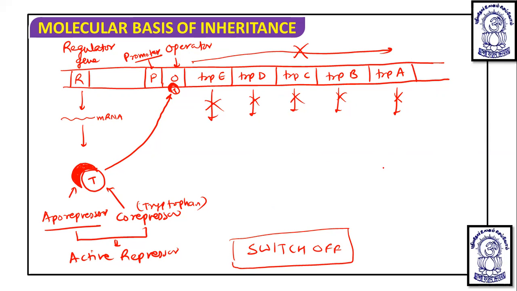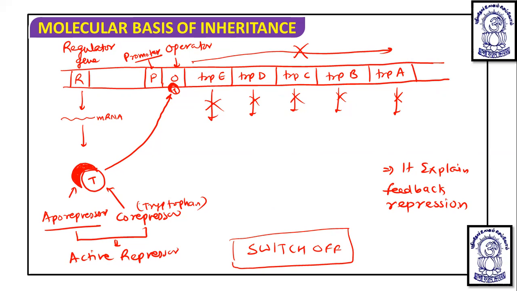So it explains feedback repression. This way the tryptophan operon actually gets regulated. The active repressor is formed by the fusion of the aporepressor with the co-repressor, that is tryptophan.